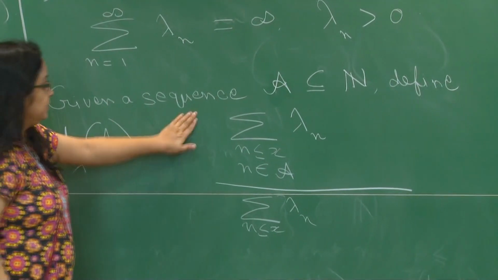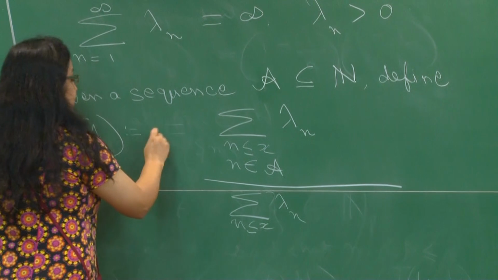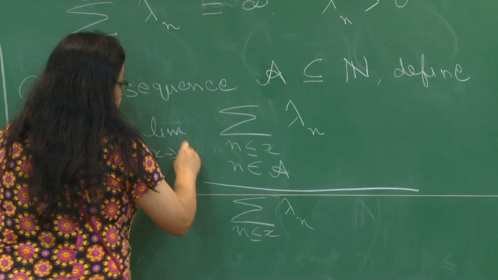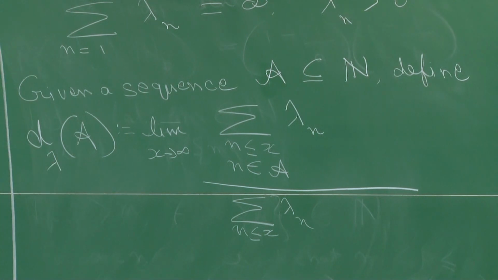We define this density to be the limit as x goes to infinity of this ratio.